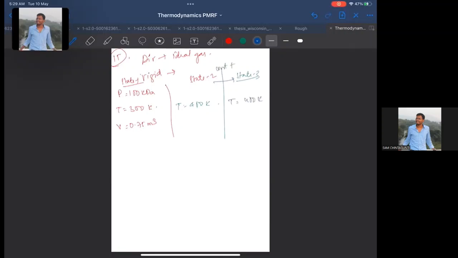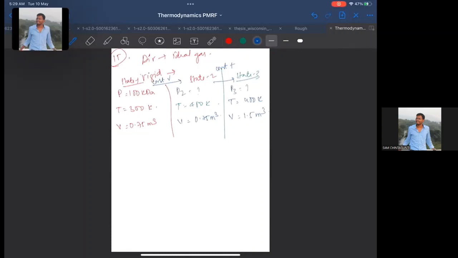The tank is rigid, meaning constant volume, so V is equal to 0.75 cubic meter at state 2. At state 3, the volume is equal to 1.5 cubic meter. Find the pressures at state 2 and state 3. Find the total work and total heat transfer. So P2 and P3.